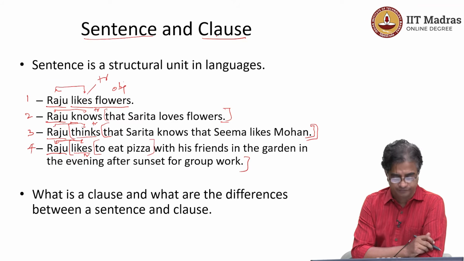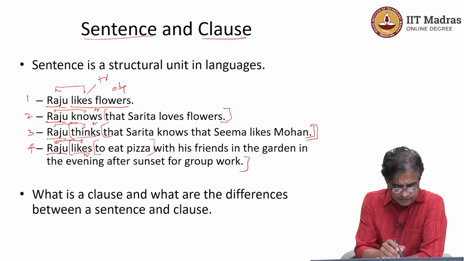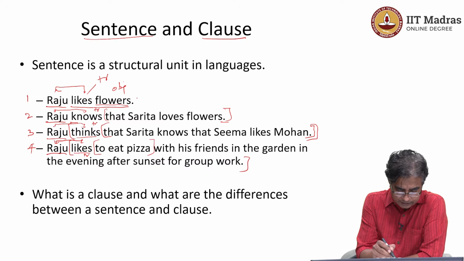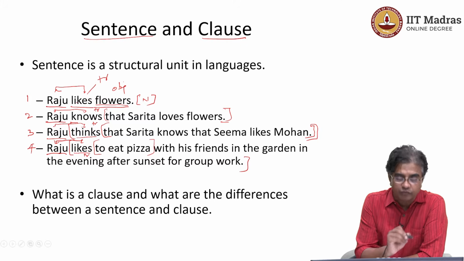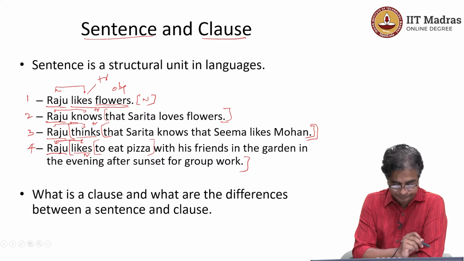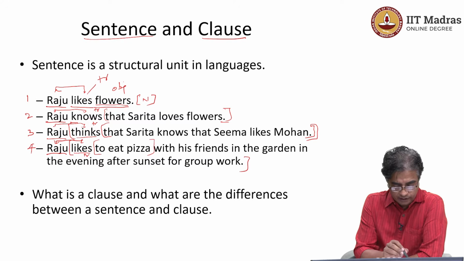So, they are all examples of sentences, grammatical sentences. That's one part. Now, in the first sentence, what is the subject? The subject is a noun, but the object is a noun too, which is the object of the verb likes. In the second sentence, you have a transitive verb. And what is the object of this transitive verb?